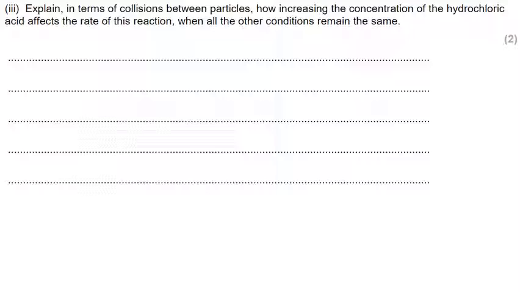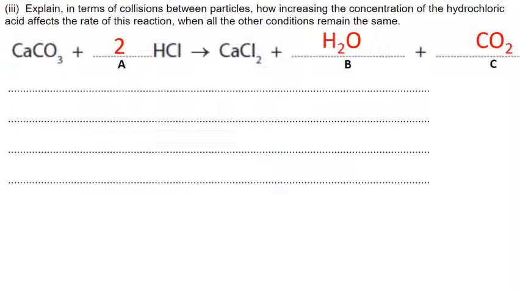Okay, part 3. Explain in terms of collisions between particles how increasing the concentration of the hydrochloric acid affects the rate of this reaction. So going back to our equation, we are increasing the concentration of hydrochloric acid. This means that there's going to be more particles.